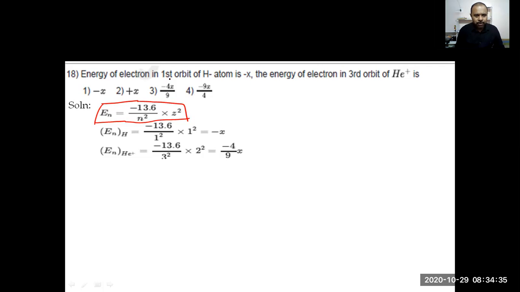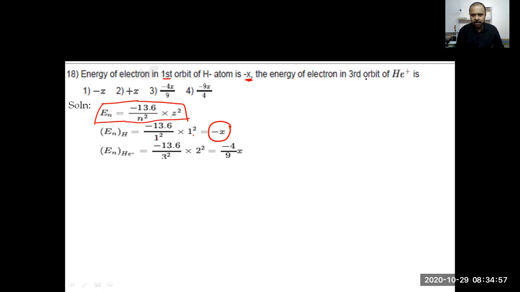First orbit, so n is equal to 1. So 1 square. For hydrogen, Z is 1. Now whatever remains is minus 13.6, and that is given as x.